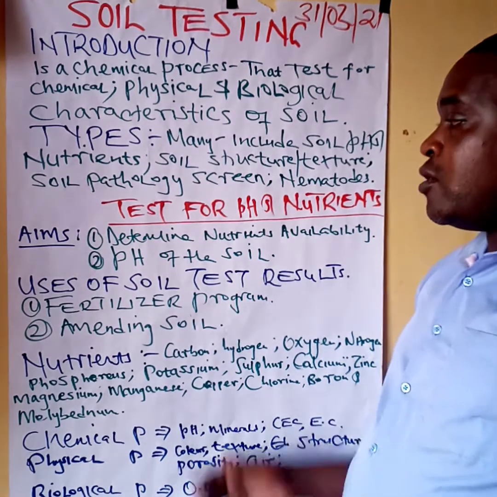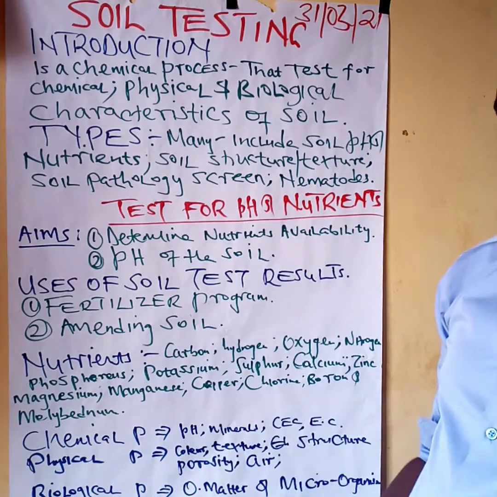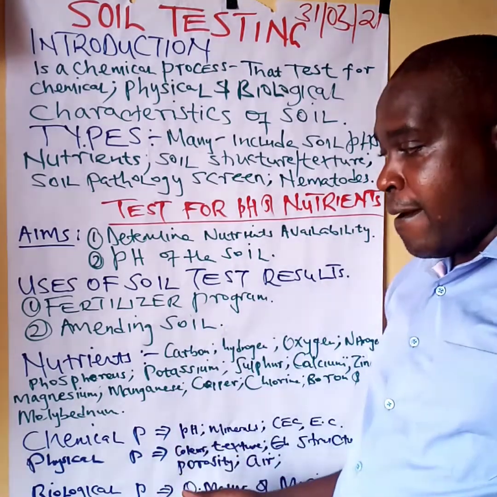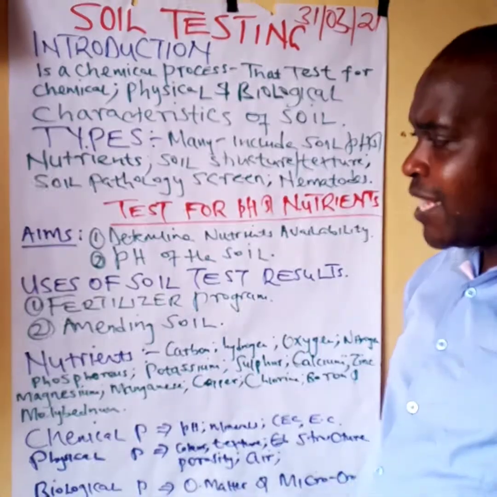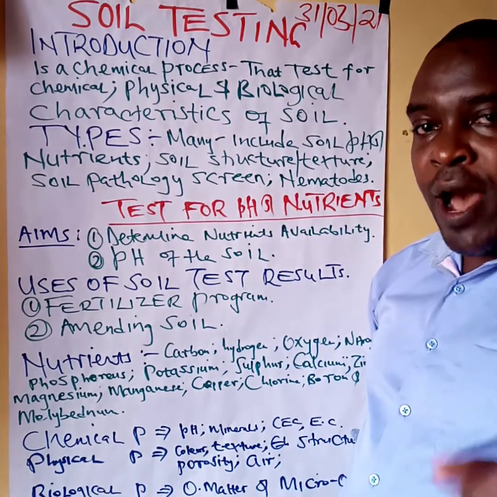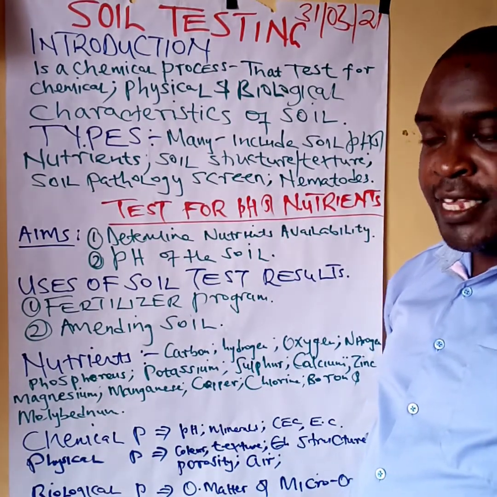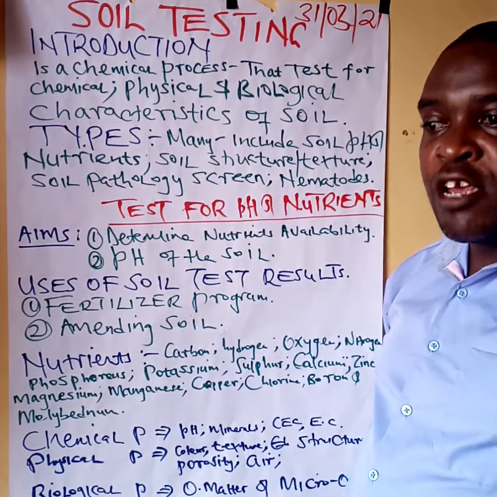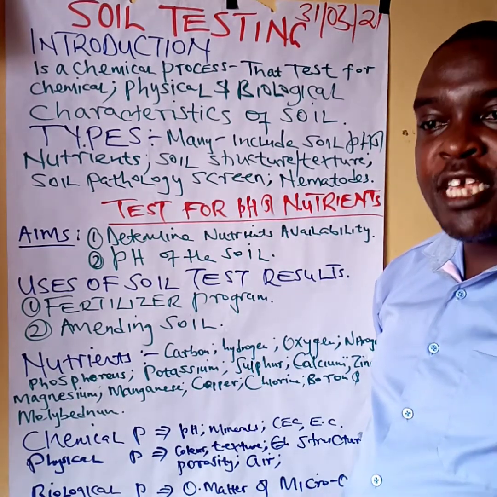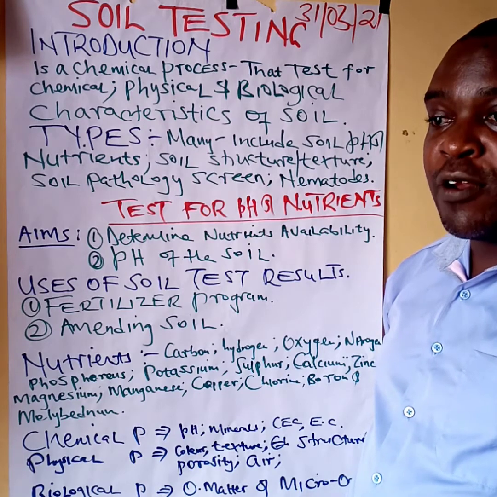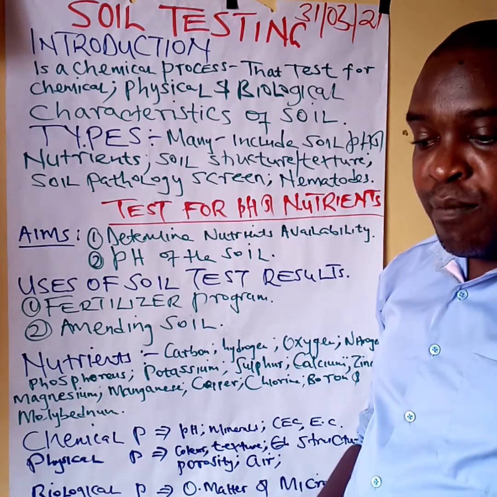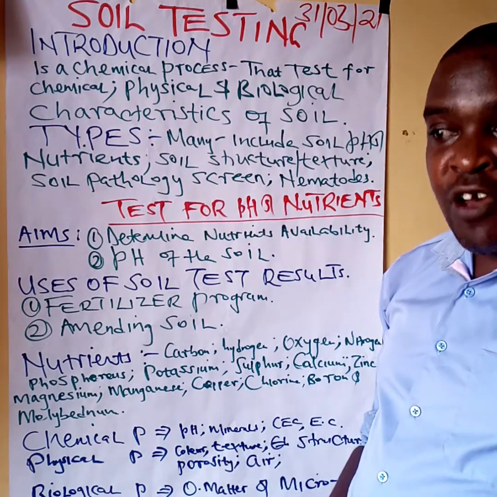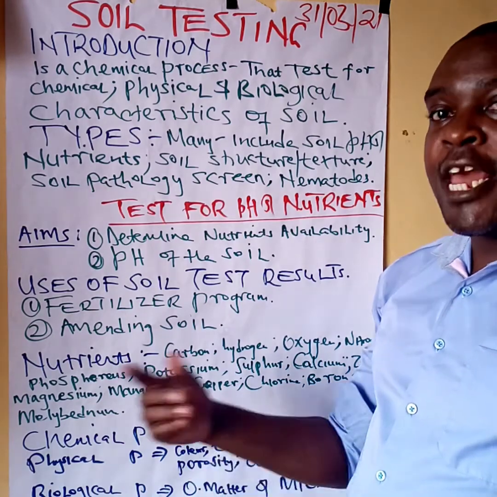So, why should you do a pH or a nutrient soil test? The objective is to determine the amount of each nutrient available in the soil, whether available in deficit, in a low amount, or in excess.